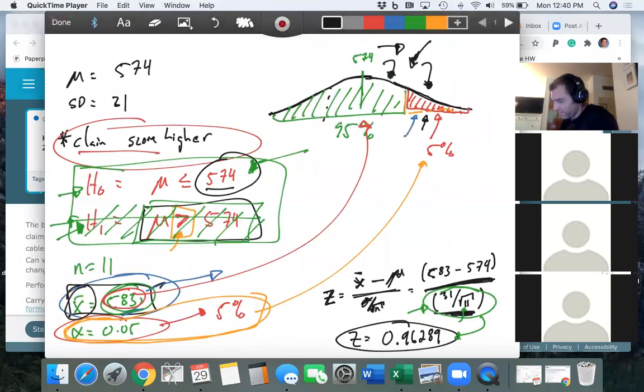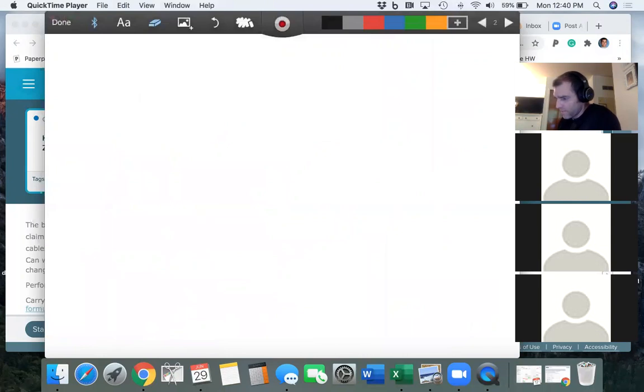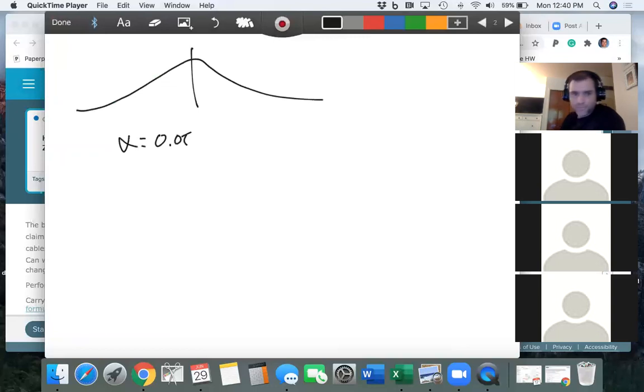So the one big difference. Here's our distribution. There's the mean, and I know that my alpha level is 0.05.